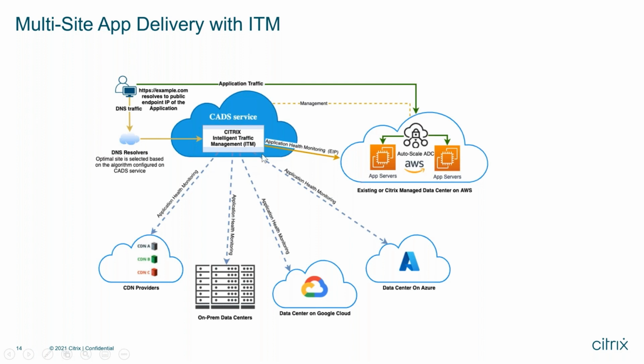Once you add these sites to the ADS service, it starts collecting data. It starts learning about the application server traffic, client traffic, internet routes, everything. And when the DNS traffic or application traffic reaches ITM, it sends the traffic to the best performing site. That's how it works. Even for this, we have a demo which Avinash will be showcasing in the product.